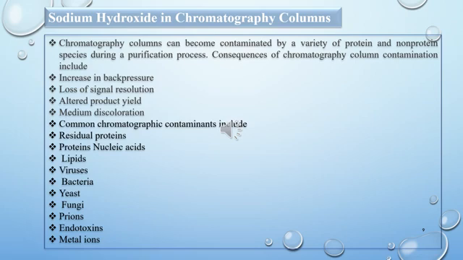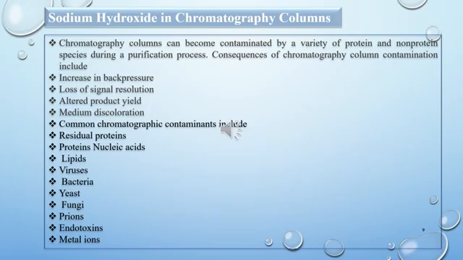Then, loss of signal resolution. If your compound is impure, then you will not get a sharp signal for your compound. When you do not get a sharp signal, you will not be able to identify which functional group is present in your compound or your product. So this is known as loss of resolution.